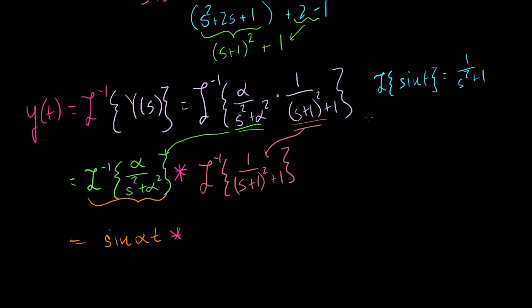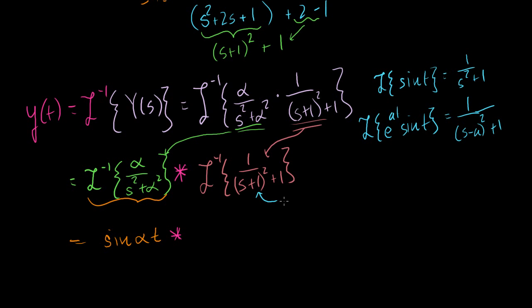Right? You might remember that the Laplace transform of e to the at sine of t, when you multiply e to the at times anything, you're shifting its Laplace transform. So that will be equal to 1 over s minus a squared plus 1. And now we have something that looks very similar to this if we just set our a to be equal to negative 1.